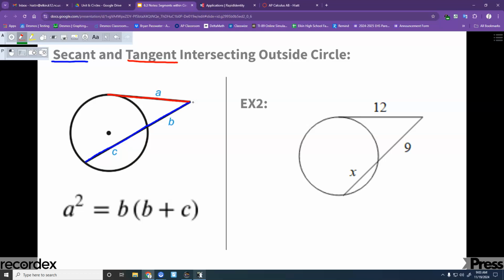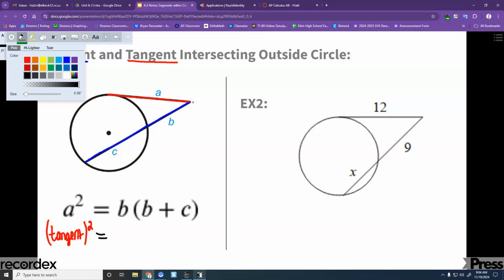So whenever we see this, it tells us to do a squared. So if you want, you can think about that being the tangent squared is going to equal b times b plus c.